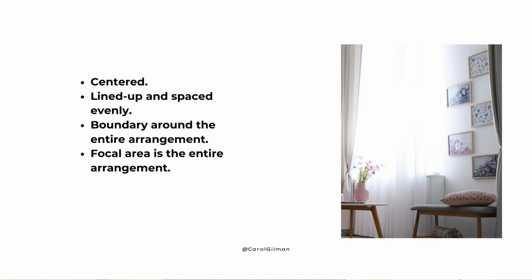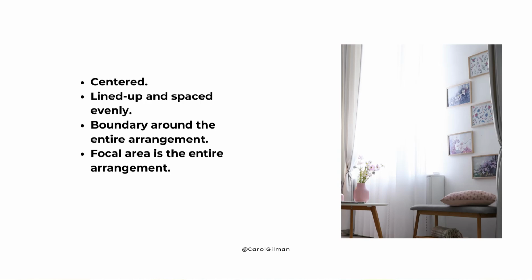And this is kind of a neat variation of a symmetrically balanced look, but it's kind of offset a little bit. If we look at this picture, we notice that everything is based on a central vertical line, and all of those pictures are spaced out and lined up the same way. But it's almost like one side of that arrangement has been offset and lowered a little bit.